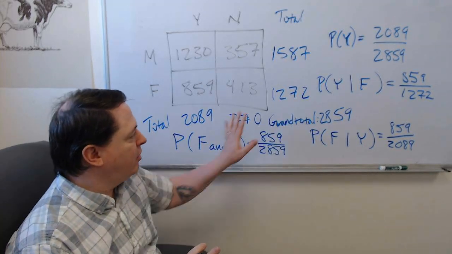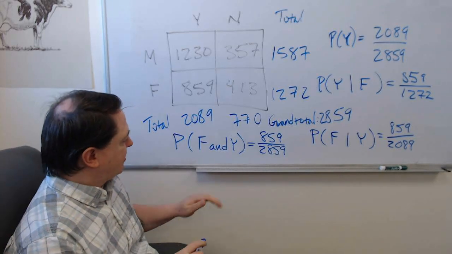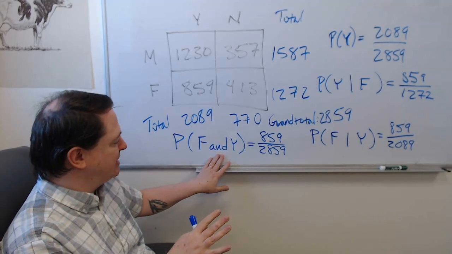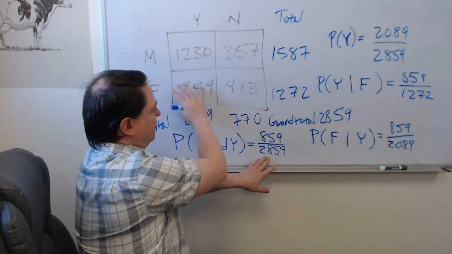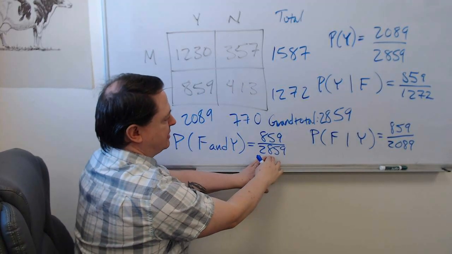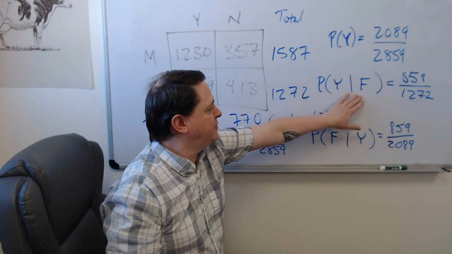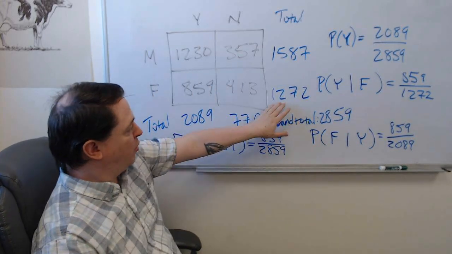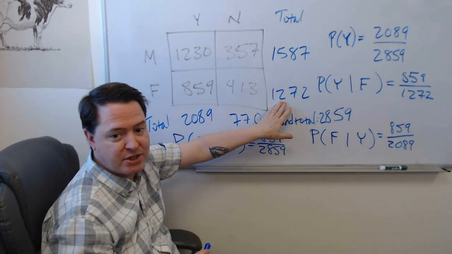The difference for all of those three questions is what group am I looking at? If we're just looking at any randomly selected individual, I use the total for all of the cells in the table, right, 2,859. If I'm looking at the subgroup of just women, I want to only include that total number of women as the bottom of my fraction.